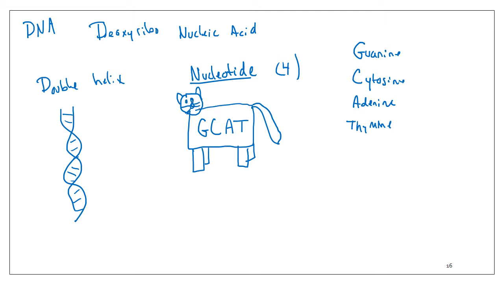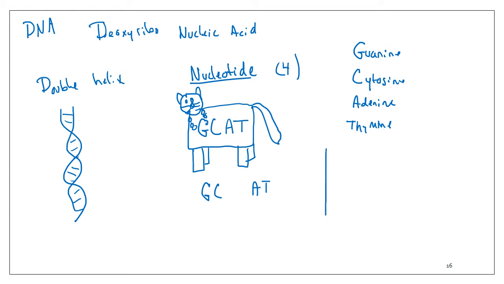This is G-Cat. G-Cat is the most gangster kitty cat you've ever met. He's so gangster, he wears a gold chain necklace with a giant G-Cat on his chest. I love the phrasing of G-Cat because G and C and A and T are sticking with each other. G and C pair together, and A and T pair together. So just remember, guanine always pairs up with cytosine, and adenine always pairs up with thymine.